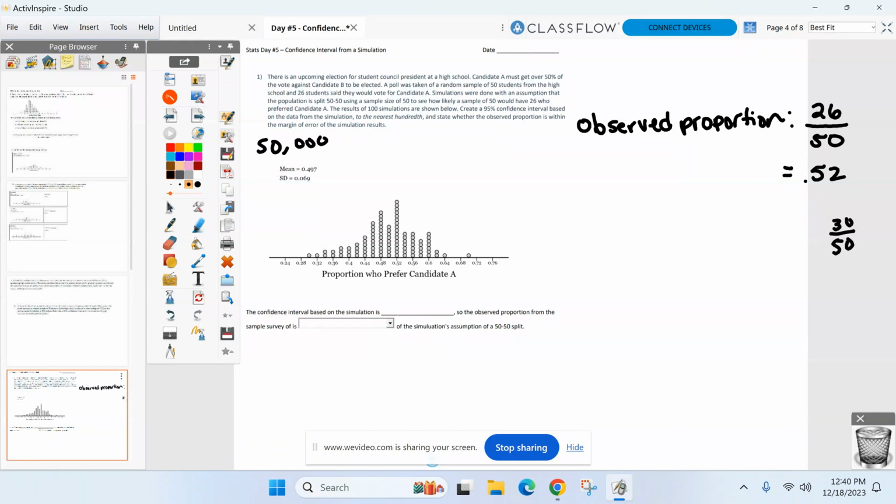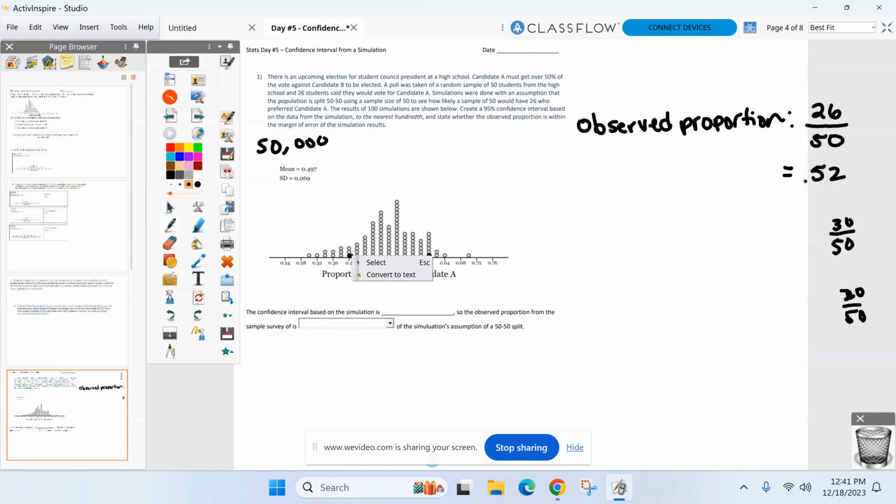What's that as a proportion? 0.6, I think. So we graphed 0.6 on here. Then I went out and sampled another 50, and let's say it came back as 20 out of 50. That's 0.4, so I graphed 0.4 on here. So there are 100 of these dots on here that represent the 50,000.